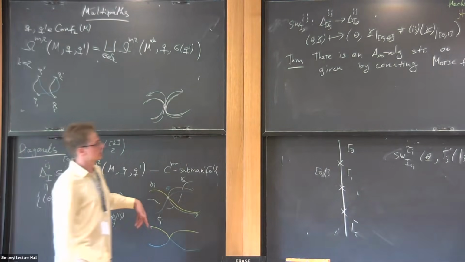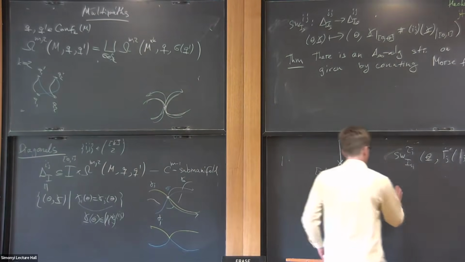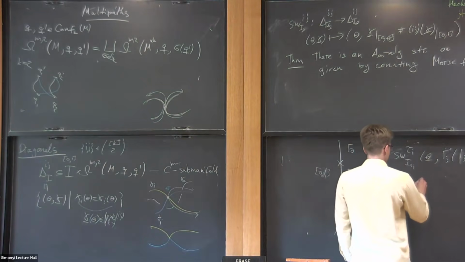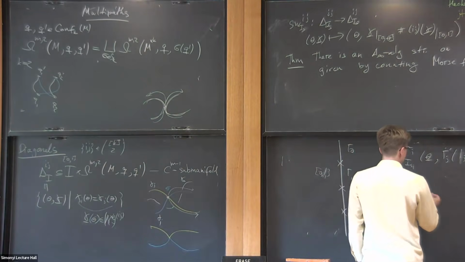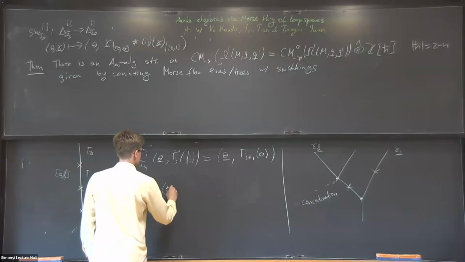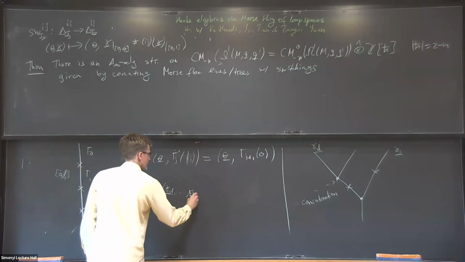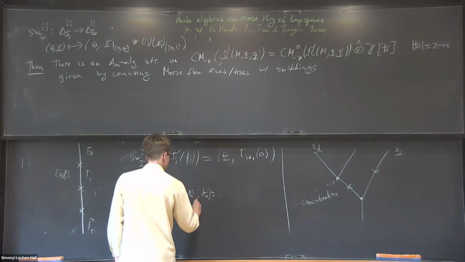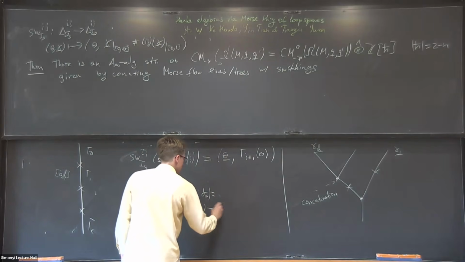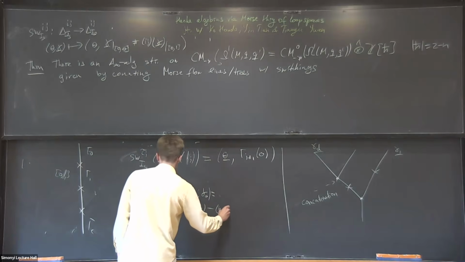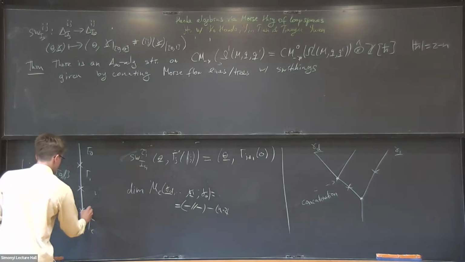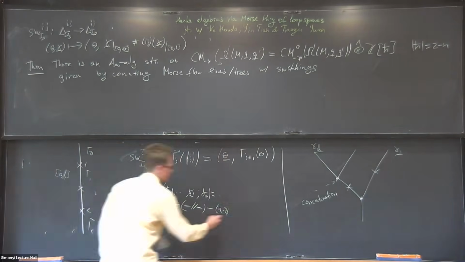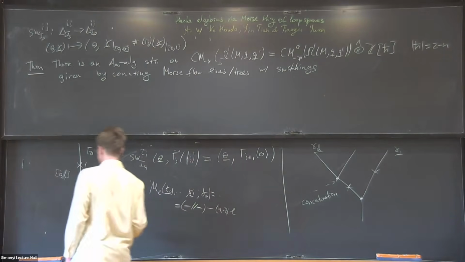And maybe I should say the dimension count of these Morse flow trees. Again, some standard term, minus (n minus 2) times L, if there were L of these moments.